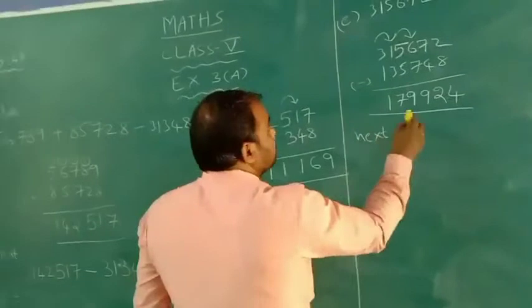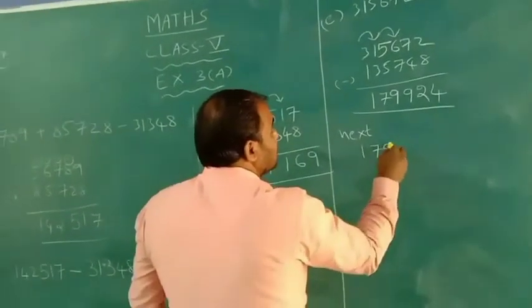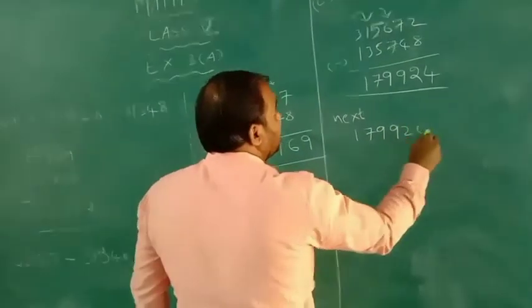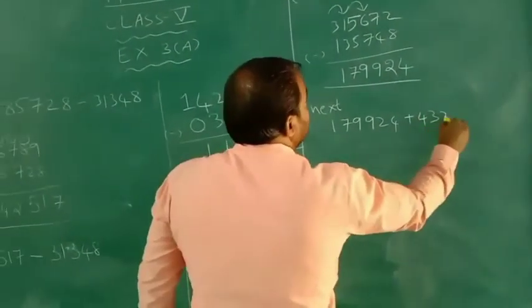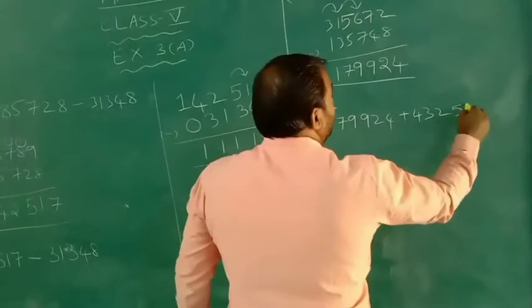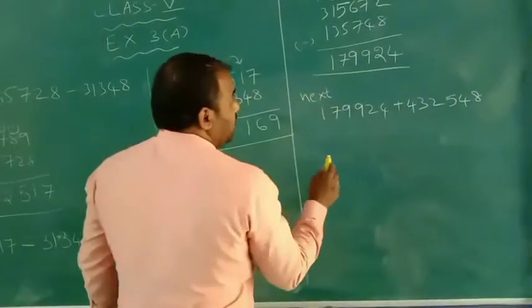Next, 1,79,924 plus 4,32,548. Now add beta.